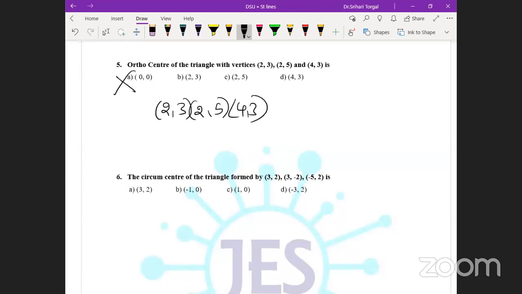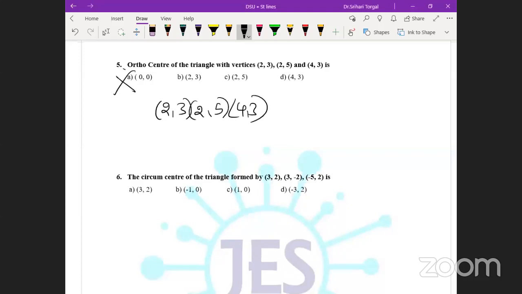These are the 3 points, right? Okay. So orthocenter of the triangle with vertices 2, 3, 2, 5 and 4, 3.